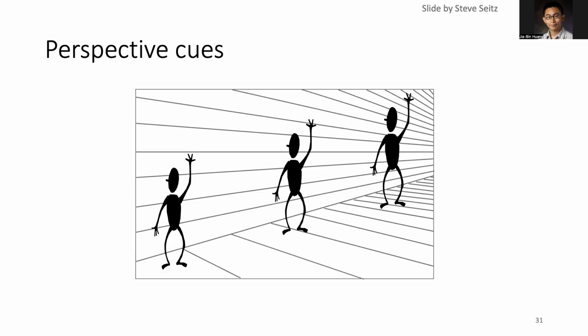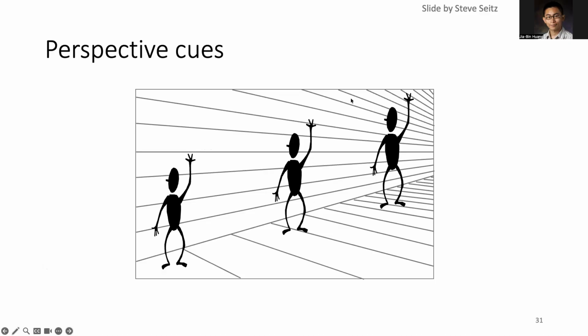What does it mean for two lines to be parallel? It means that at every point, the distance remains the same. So in this case, you can clearly see that this guy is the tallest, and second, and so on. So you can see that they are different heights.